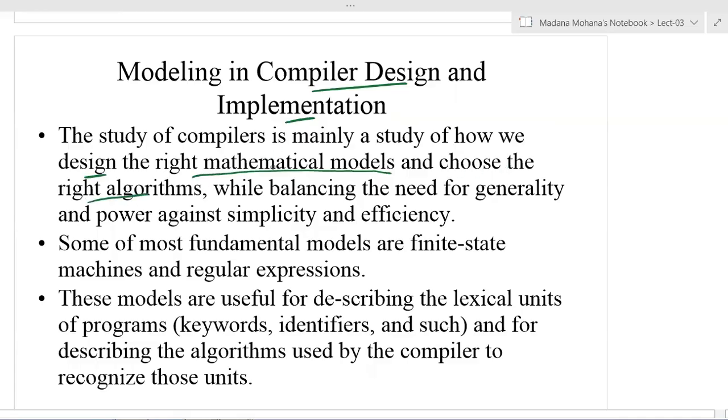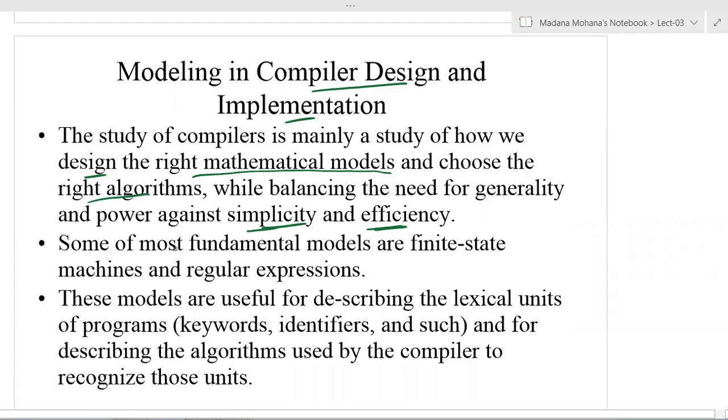This is the main goal of compilers, while balancing the need for generality and power against simplicity and efficiency. So here you have to consider simplicity and efficiency.